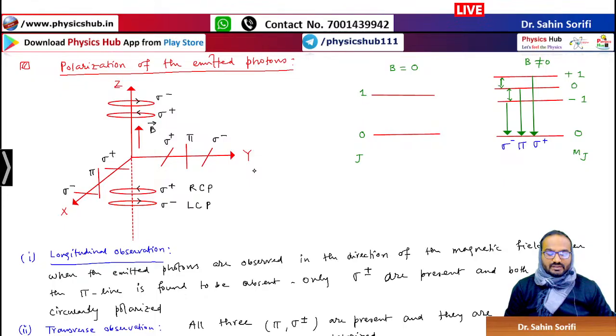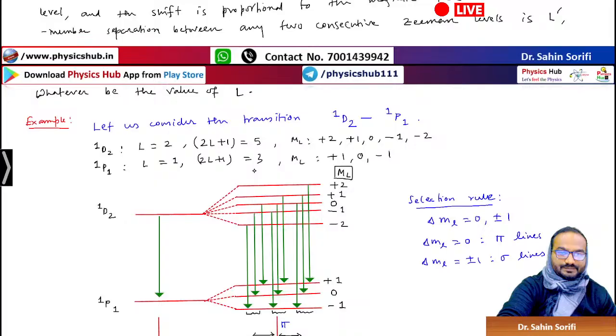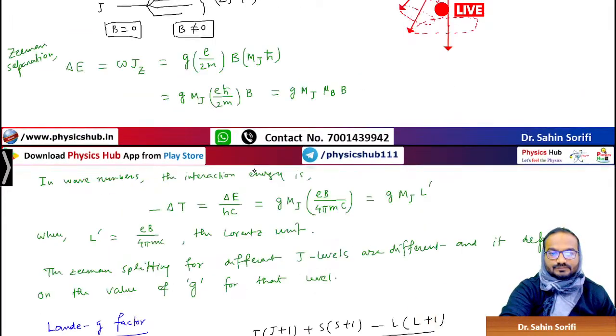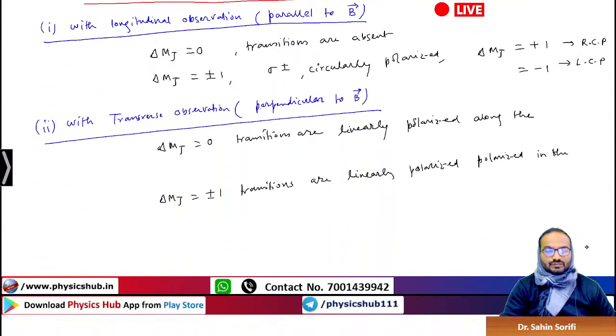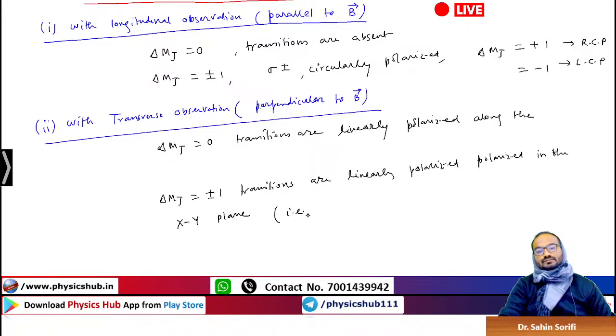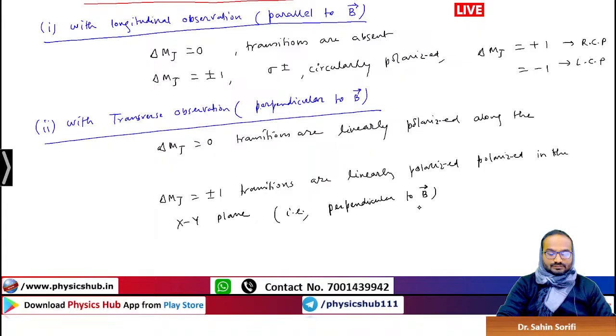Delta mj equals plus minus 1, we can say, is polarized in the xy plane, perpendicular to B. And delta mj equals 0, tell me, the direction of polarization will be along which direction?